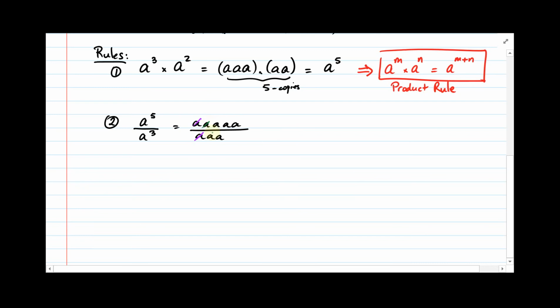One copy of a cancels, another copy of a cancels, another copy of a cancels, and so we are left with just a squared in the numerator. Hence we can ask what is the general principle behind this. We can see that by dividing, these exponents or powers are being subtracted. So this is called a quotient or division rule.